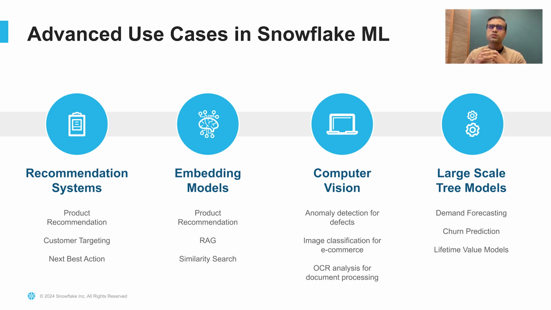Custom embedding models to generate text embeddings at scale for similarity search or RAG-based applications. Computer vision models to detect anomalies or classify images based on custom taxonomies. And lastly, large-scale tree-based models with distributed training for things such as lifetime value predictions. We'll now cover each of these use cases in a little bit more detail.